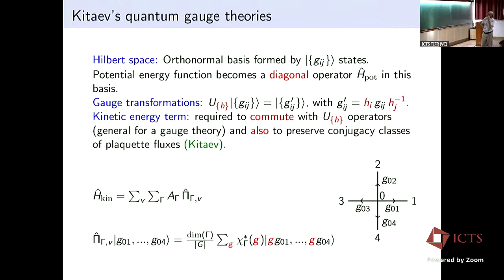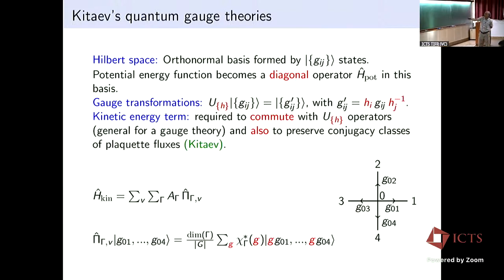But to make it even more interesting, it has to commute with all these gauge operators, and also to preserve the conjugacy classes of plaquette fluxes, because we want the potential energy to be gauge invariant.